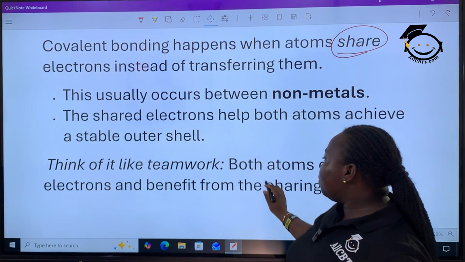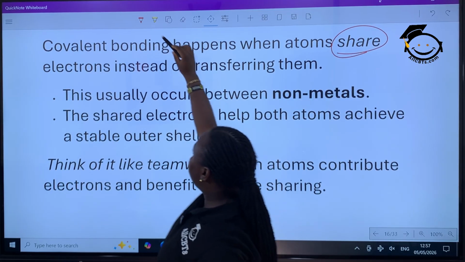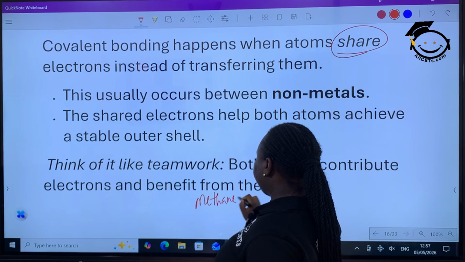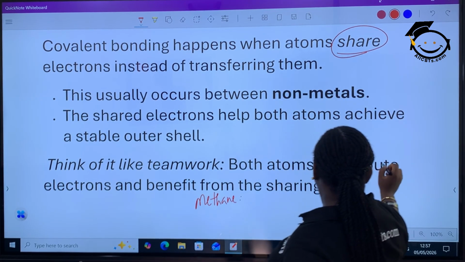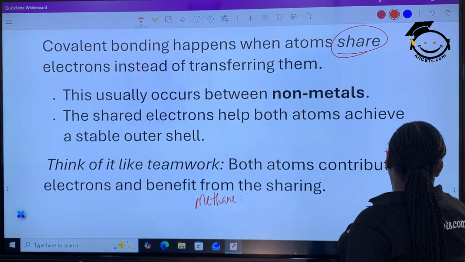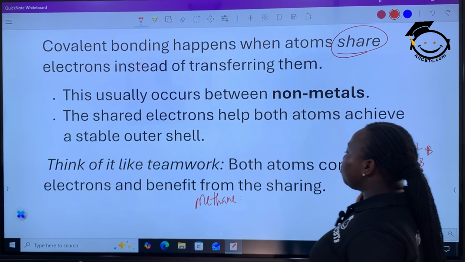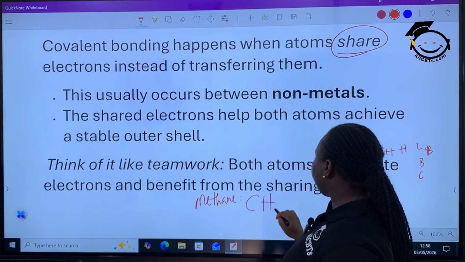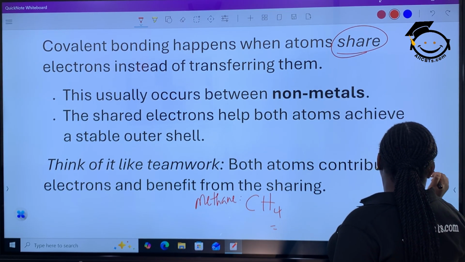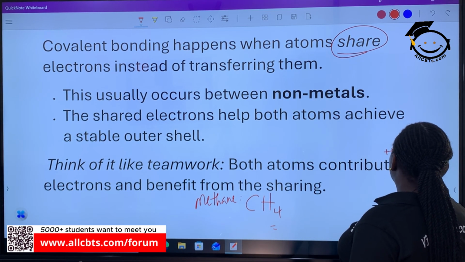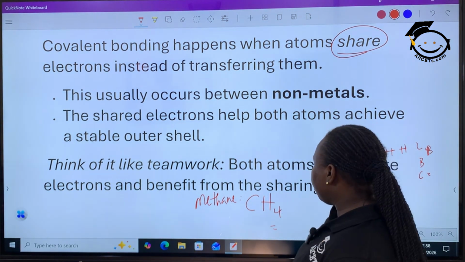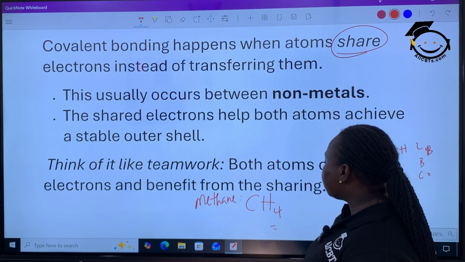For example, if you look at this compound, methane, let's look at methane. Methane is CH4. Now, carbon is number 6 on the periodic table, while hydrogen is 1.